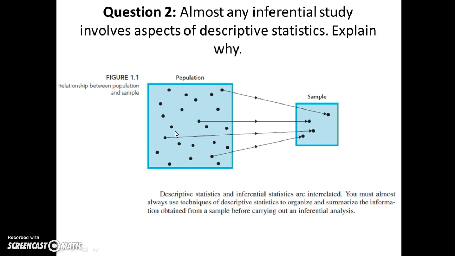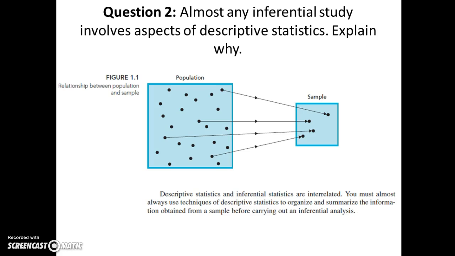Question 2. Almost any inferential study involves aspects of descriptive statistics. Explain why. An inferential study works with a sample. So you get a sample and you get numbers for the sample, and you use the inferential statistics for the population. If you have numbers for the sample, of course you have to display them.